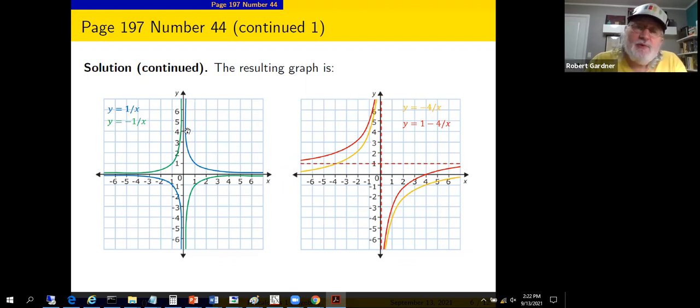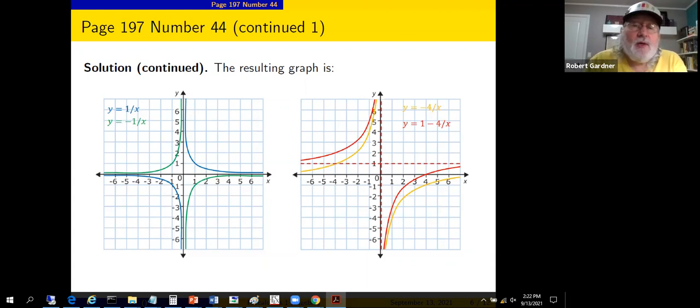This part, reading from left to right, will produce this part, reading from left to right. Down here, the piece reading from left to right will reflect about the x-axis to produce this piece in green. Still a hyperbola, it's just a mirror image. We reflected about the x-axis. Had we reflected about the y-axis, we'd actually get the same graph.